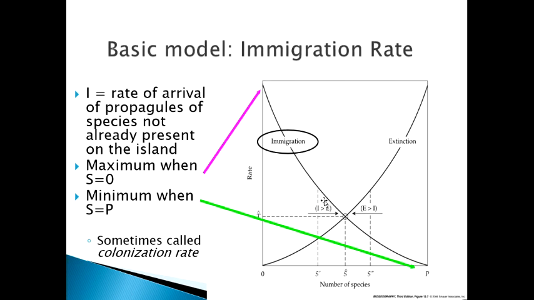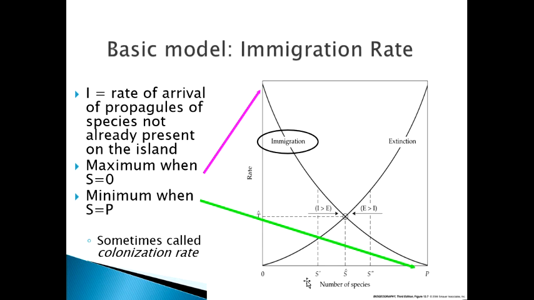negative sloping line right here, and notice that at 0 number of species, the immigration rate is at its maximum. So if there's no species there, then the rate of arrival of species that aren't already there is at its maximum. Anything that arrives there is going to be new.